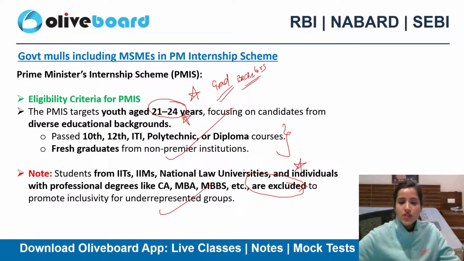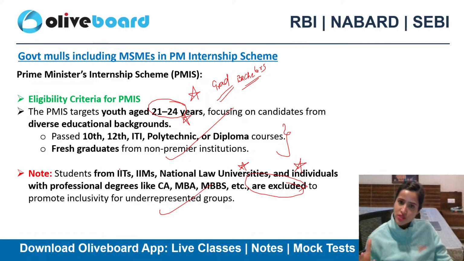Now, if you include these kind of people also, then obviously the companies would prefer students who come out of these premier institutes. It is very easy for students who come out of the premier institutes to get internships or jobs because there are already very high and better placement drives. So we exclude these kind of students and include the others who fail to get jobs, right?